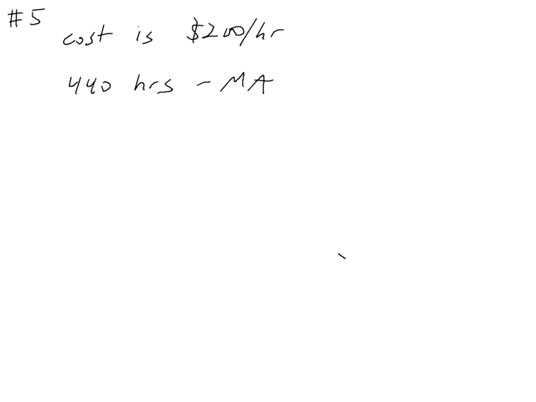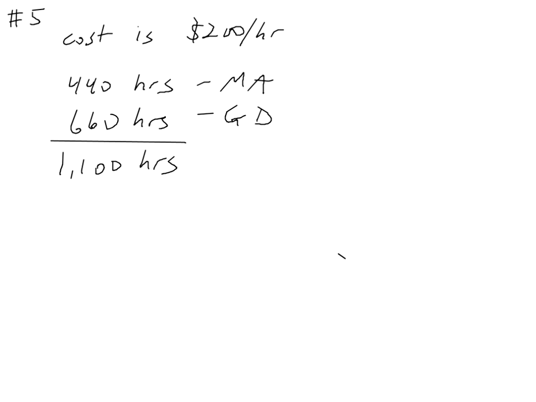The fact pattern tells us that our cost is $200 per hour, and we had 440 hours for Massive Airframes, and 660 hours for Gigantic Dry Docks. So you add those up, and you get 1,100 hours. So you do 1,100 hours times $200 an hour for your cost.